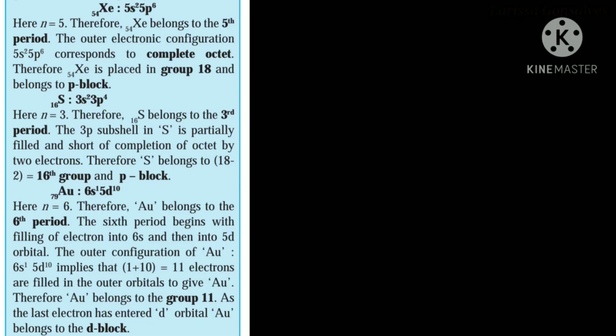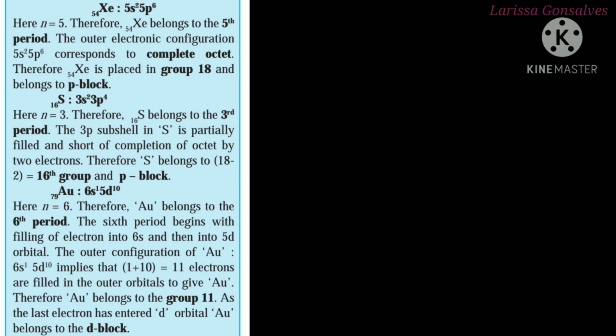Next is aurum, that is gold, and its atomic number is 79 and the outer electronic configuration is 6s1 5d10. Here n is equal to 6 and that is why it belongs to the 6th period. The 6th period begins with the filling of electrons into the 6s and then into the 5d orbital. We have already studied this.